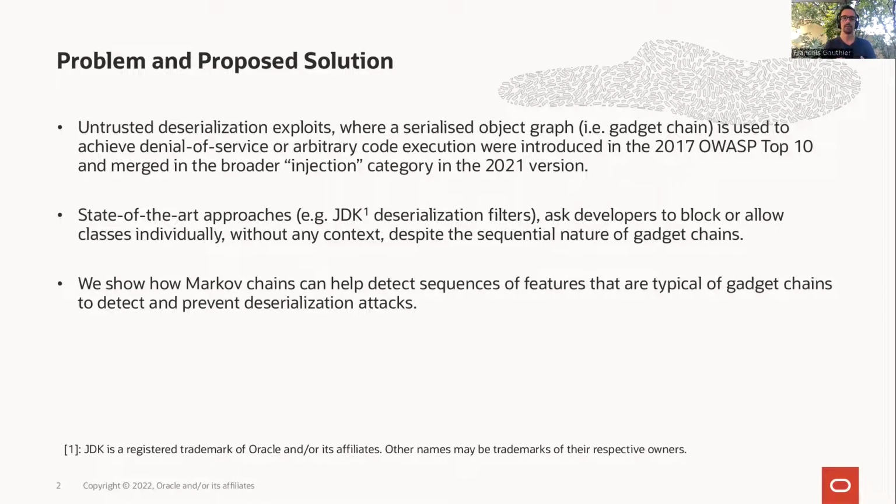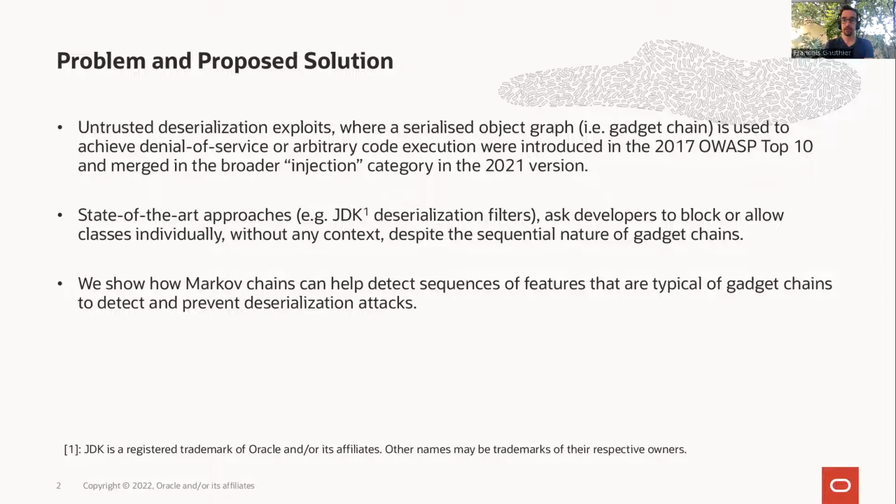When the object graph is well crafted, that can lead to denial of service or remote code execution attacks. This kind of vulnerability was introduced in the OWASP 2017 top 10 as its own category, and in 2021 was merged into the broader injection category.